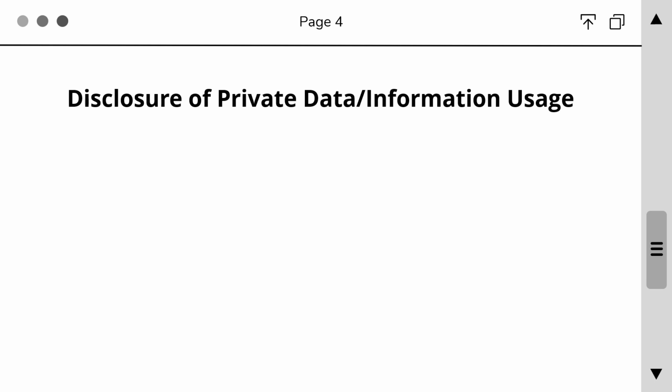After knowing the ethical considerations in recruiting participants for our study, the next ethical consideration in conducting research is the disclosure of private data and information usage. Now, there are cases wherein we get sensitive information or personal data. So in that case, we should be aware of the Data Privacy Act of 2012.